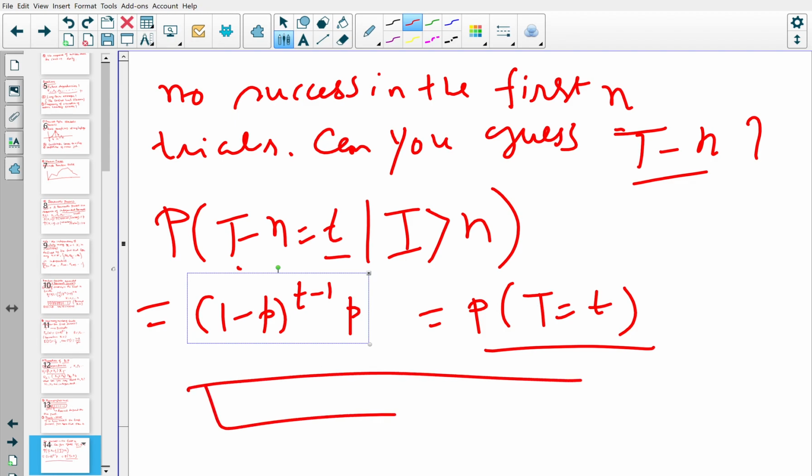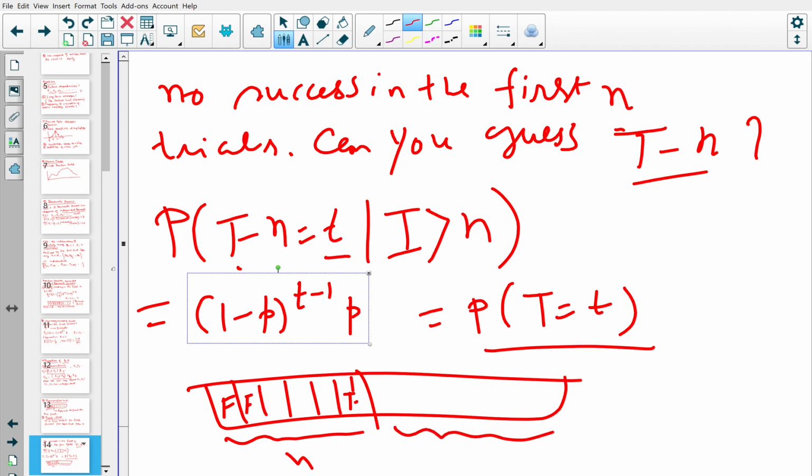So in the first n places you have failure, failure, failure, but after n places you start anew, with the same kind of random variable, again a geometric one. Remember, the whole thing is a geometric distribution: you have a success here and all before are failures.